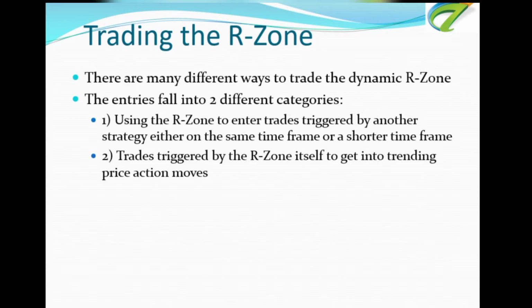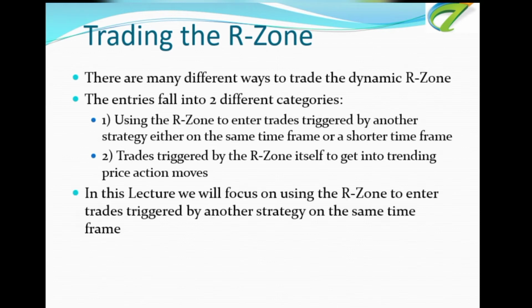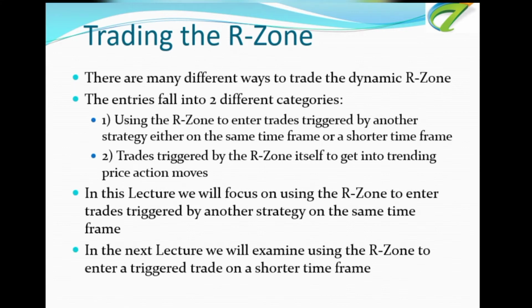Number two, trades triggered by the R zone itself to get into trading price action moves. In this lecture, we will focus on using the R zone to enter trades triggered by another strategy on the same time frame. In the next lecture, we will examine using the R zone to enter a triggered trade on a shorter time frame.